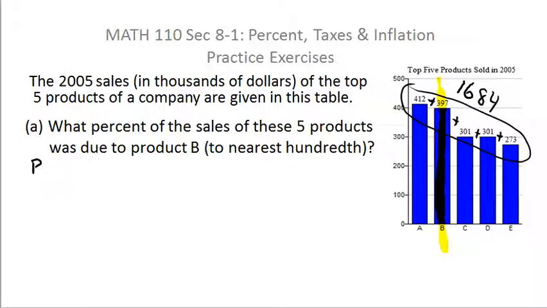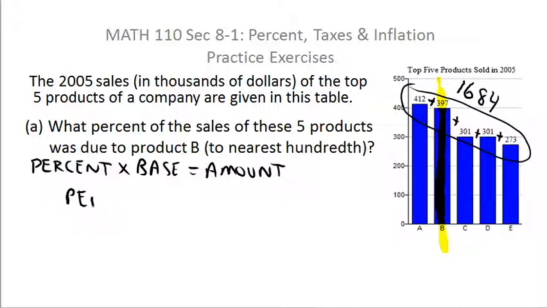You can think of it 2 ways. You can go back to your basic formula, percent times base is equal to amount, and plug in there and solve. But also, quite a number of times they're going to be asking you for percent. And so one way of looking at it is just to solve for percent to start with. If you divide both sides by the base, you will see that the percent is always the amount divided by the base.